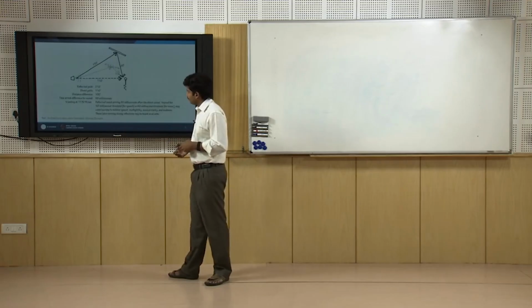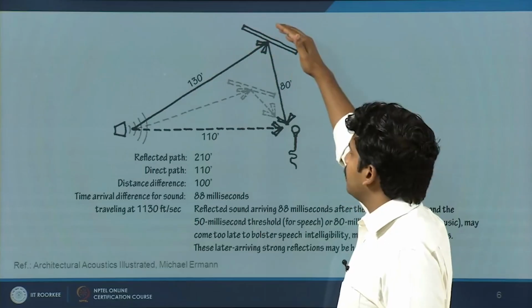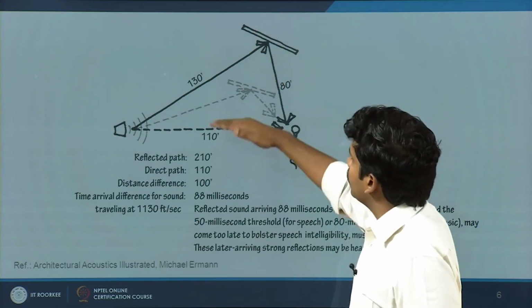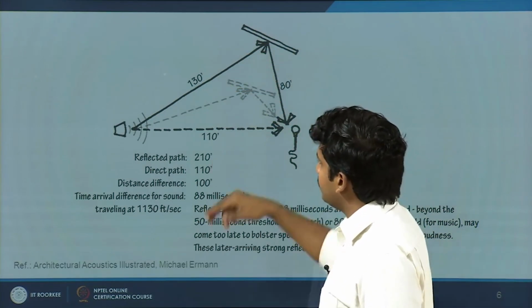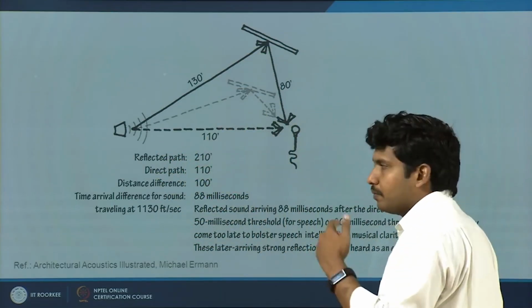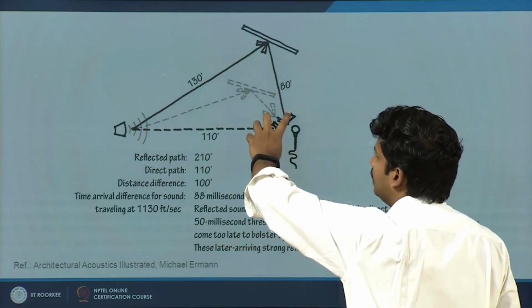Now let us push this reflector up a little bit. The height is increased, more or less the tilt is retained, but the direct path remains at 110 foot, whereas now the reflected path is 130 plus 80.